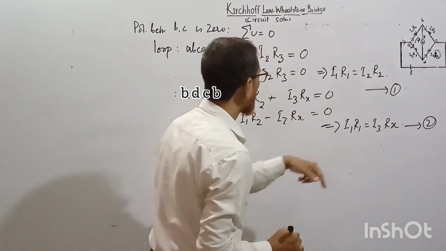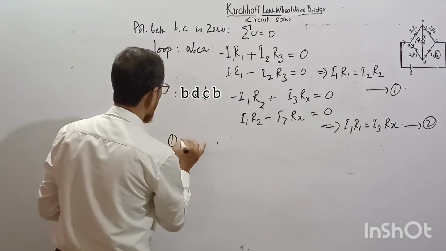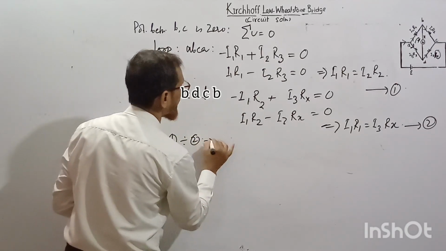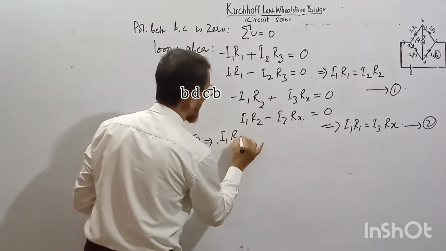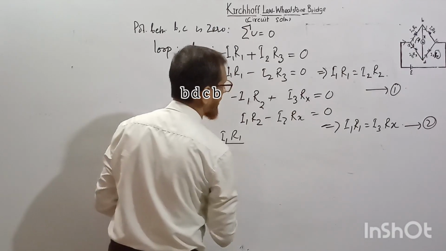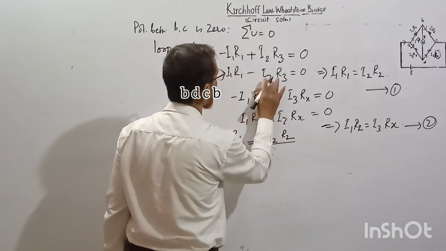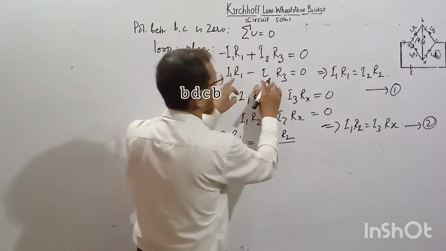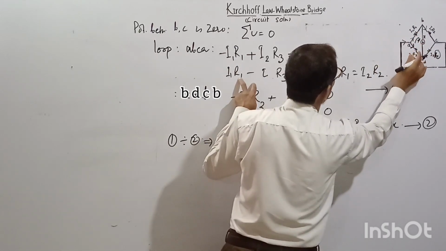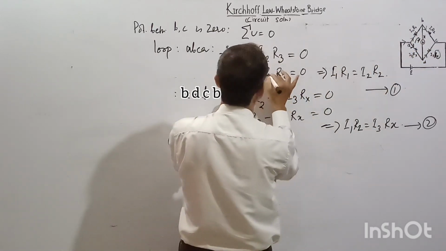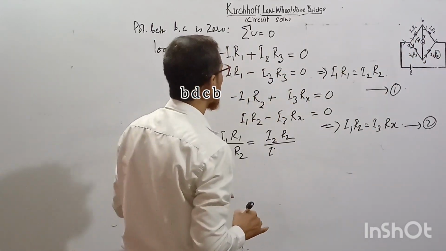So dividing equation 1 by 2, we get I1 R1 divided by I2 R2. Here we made a mistake: I1 R1 is equal to I3 R3, not I2 R3. Am I right?